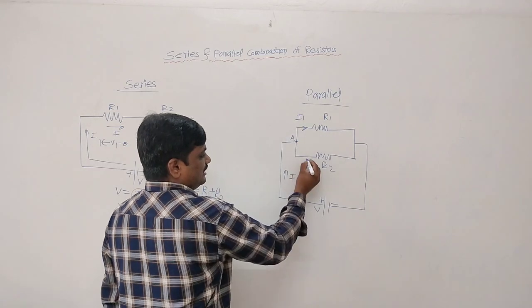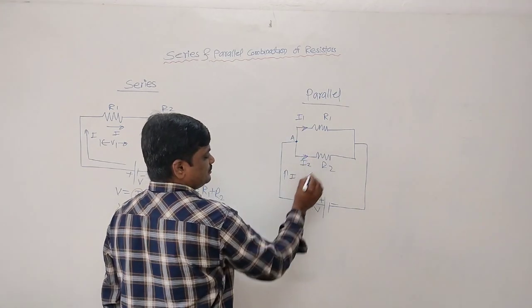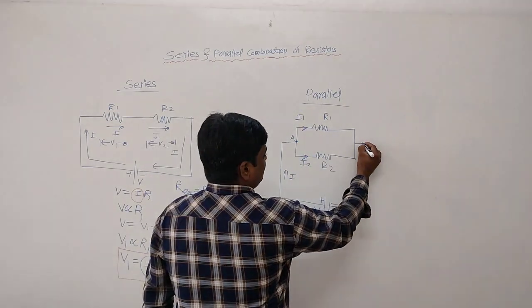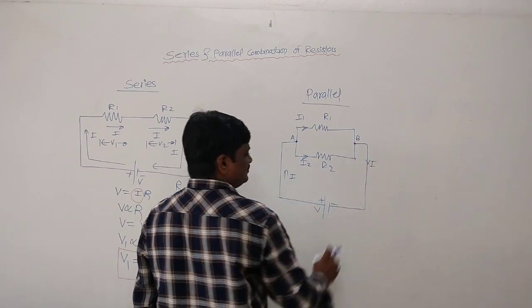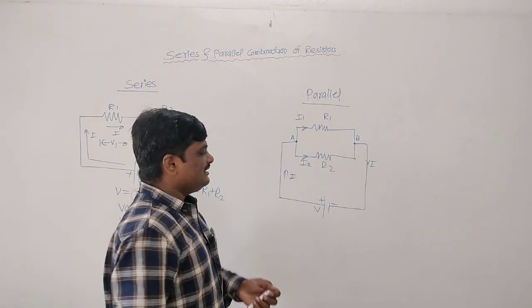I1 is the current flowing through R1, I2 is the current flowing through R2. Then they will again combine at point B and you will get the total current I. So this is parallel combination.